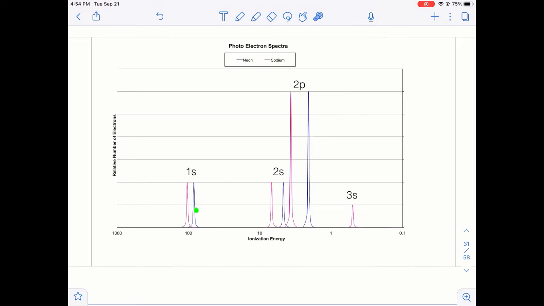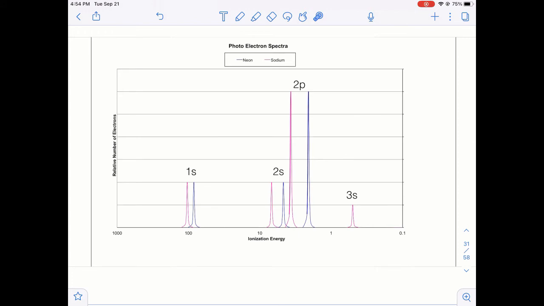Neon being the dark blue, we can see that the 1s, the first energy level s in neon, and the first energy level s in sodium have similar values for their ionization energies, but notice that sodium's is higher. Why? Because it has more protons.